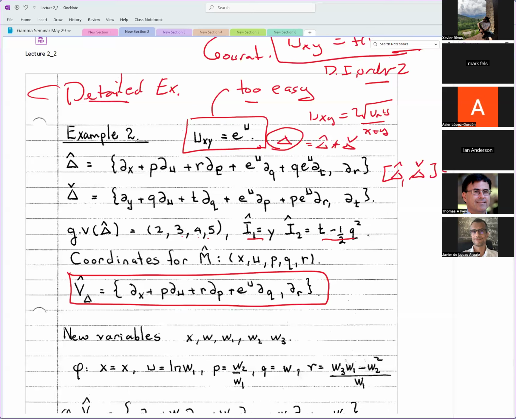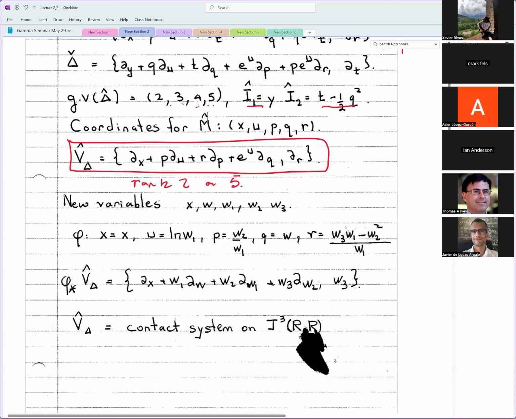This is a rank 2 distribution on a 5-manifold. Because the growth vector is 2, 3, 4, 5, we suspect that this is a contact distribution. And in the lecture last time, we introduced some coordinates which explicitly straightened this out.